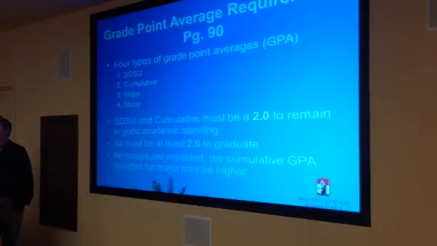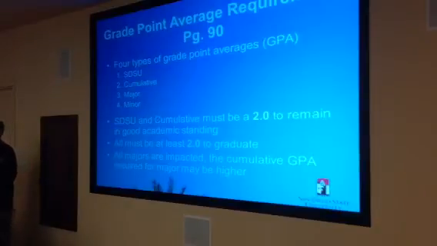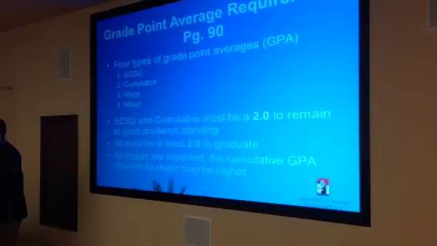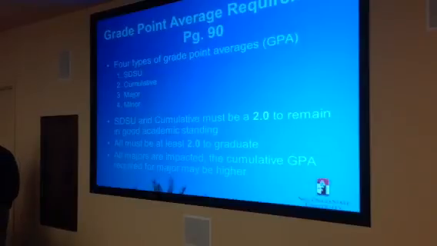Any other questions? Yes? Does a major GPA show up if you're taking upper division major courses but are not officially in the major, like you're still pre-major? So on your degree evaluation, for most majors you can't actually take upper division courses until you're done with the pre-major.